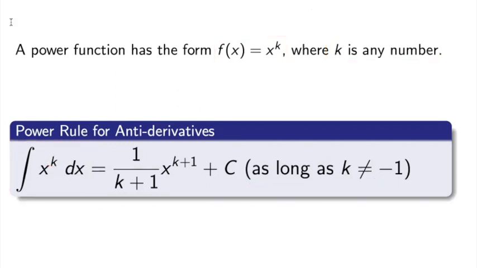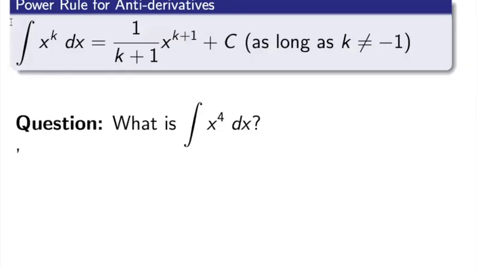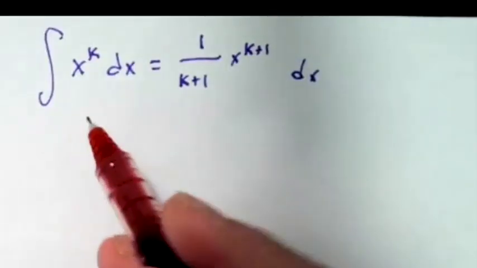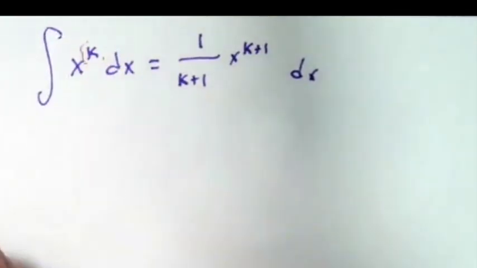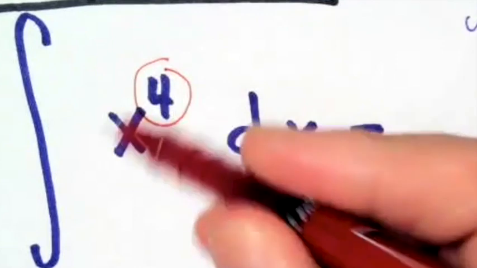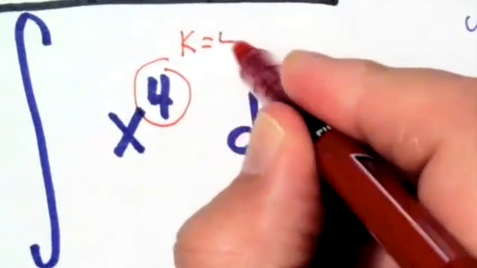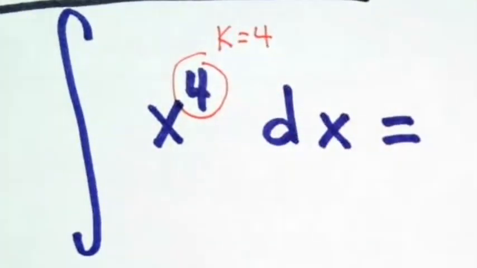So let's look at some examples of what this would look like. First basic one we're going to look at is what is the indefinite integral of x to the fourth dx. I just need to recognize that I'm in this form where I have an x to the k, and then it's pattern matching. Here the value of k, the power, is 4, and so I'm going to do 1 over k plus 1.